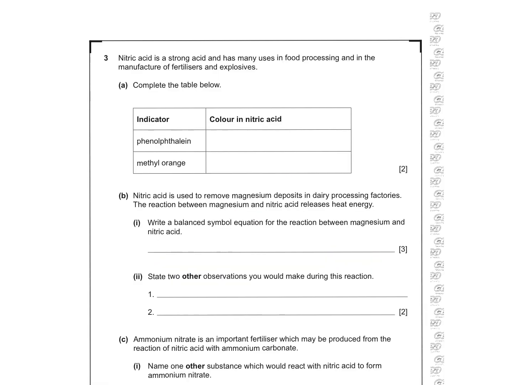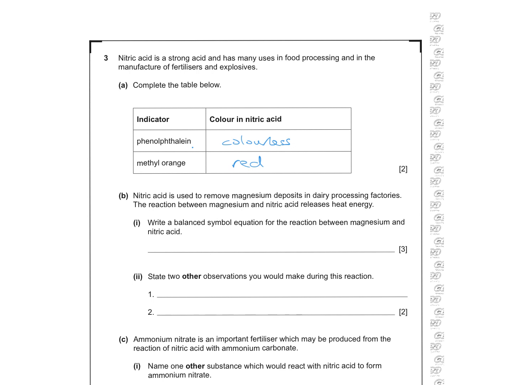Question 3. Complete the table below. This is about indicators and the colour of phenolphthalein in acid. Well, it's colourless, and remember it's pink in alkali, and methyl orange is red in acid, and it goes yellow in alkali. B part 1.